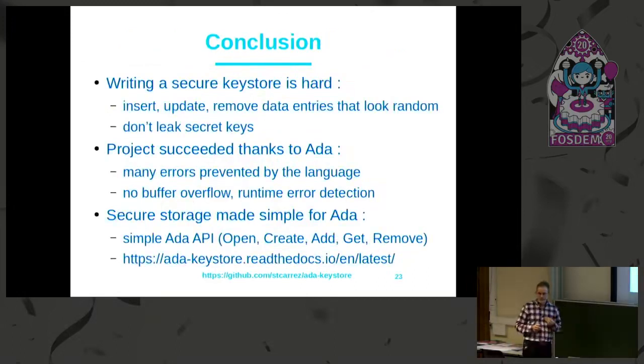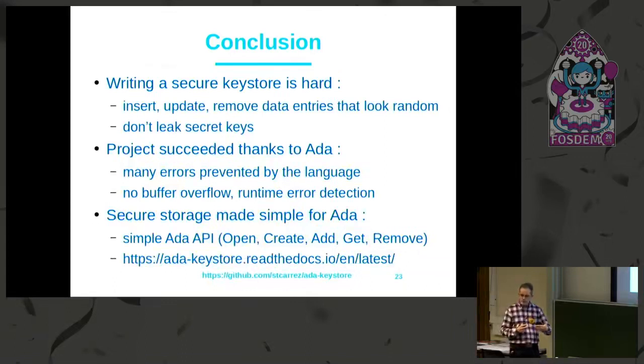It was hard. The project was difficult, because the insert, update, and remove of data is difficult: you have to move data within blocks and make sure that offsets are correct and so on.